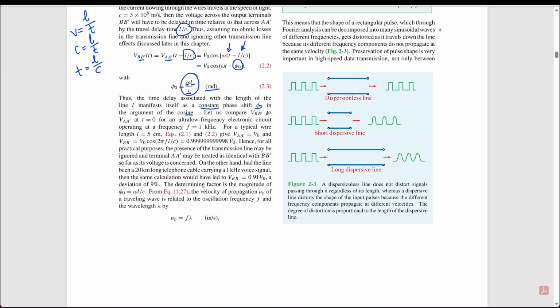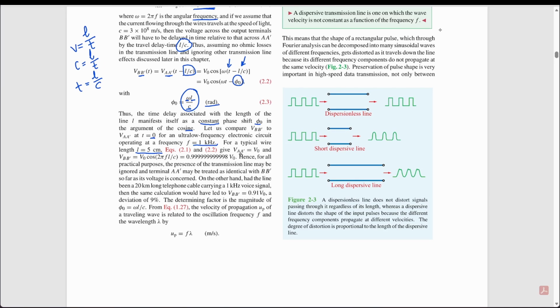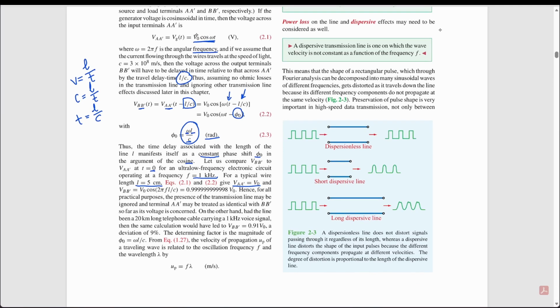Let us compare VB to VA at time equals 0 for an ultra low frequency electronic circuit operating at a frequency of 1 kHz, for a typical wire length of 5 centimeters. VA equals V naught because cosine 0 is 1, and VB is V naught times cosine of the delay, omega L over C. Plugging in the numbers, you can see that VB is almost equal to V naught, which is VA.